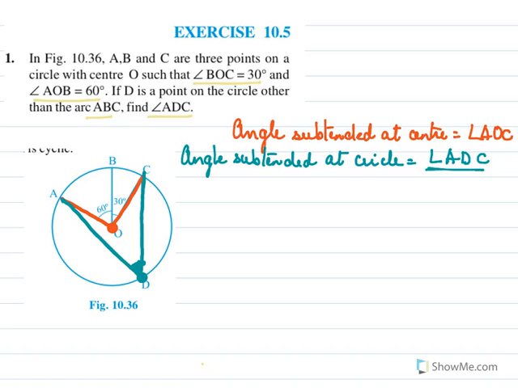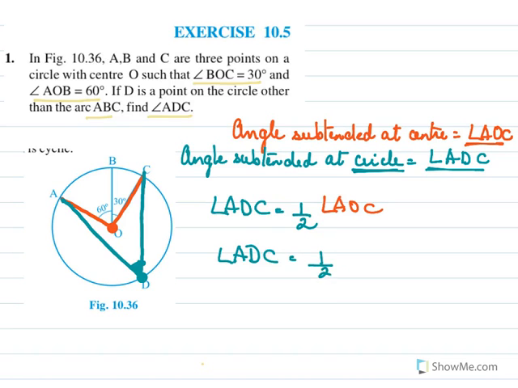Here we've got to find angle ADC. So angle ADC is the angle at the circle, and that is always half of the angle at the center, and the angle at the center is AOC. So angle ADC equal to half of the AOC.